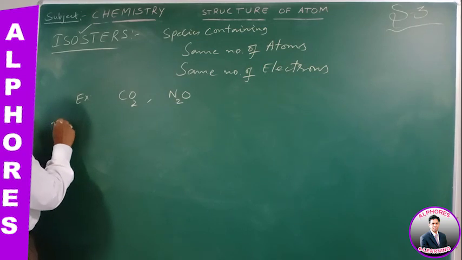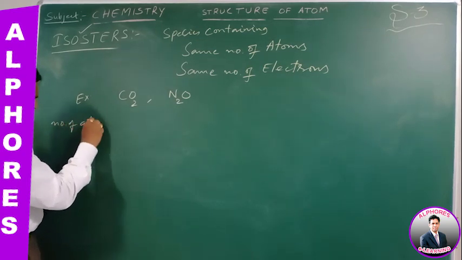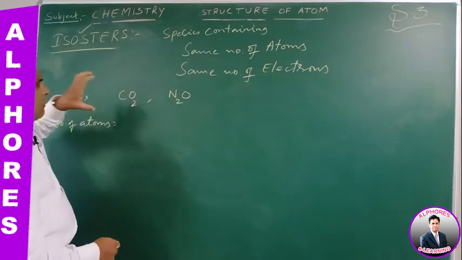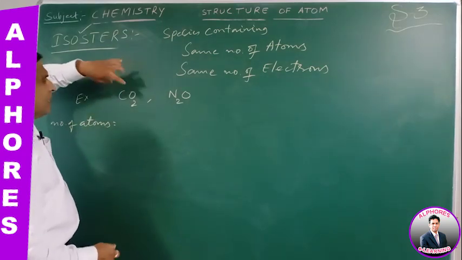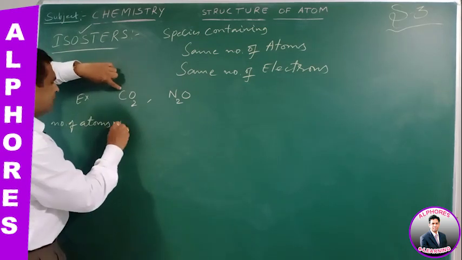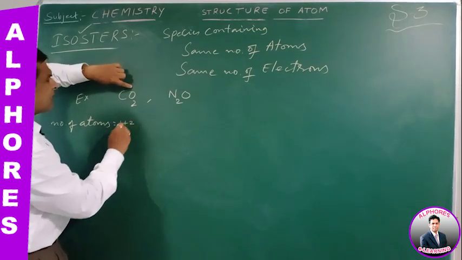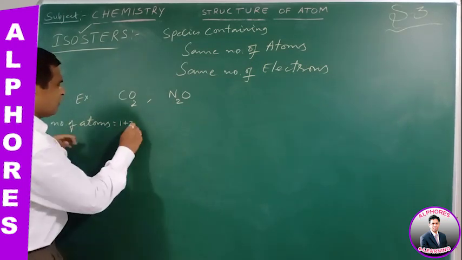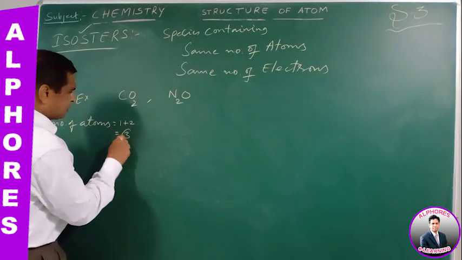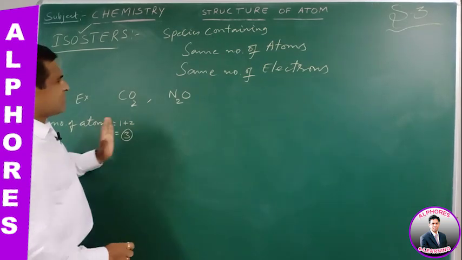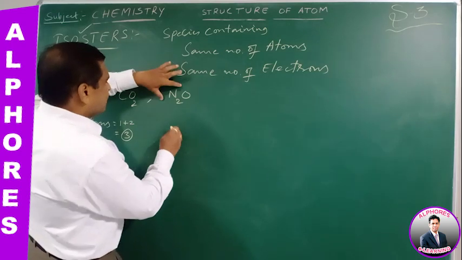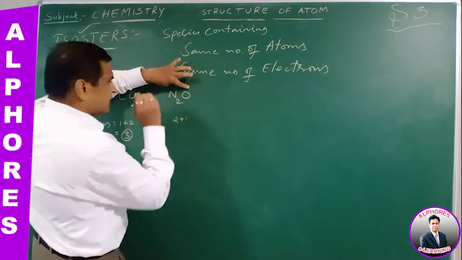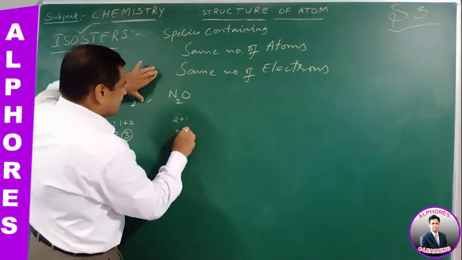One mole of carbon dioxide possesses 1 carbon atom and 2 oxygen atoms, that means 1 gram atom of carbon and 2 gram atoms of oxygen. So in total we have 3. Similarly, in nitrous oxide we have 2 gram atoms of nitrogen and 1 gram atom of oxygen. So that also contains 3 atoms.